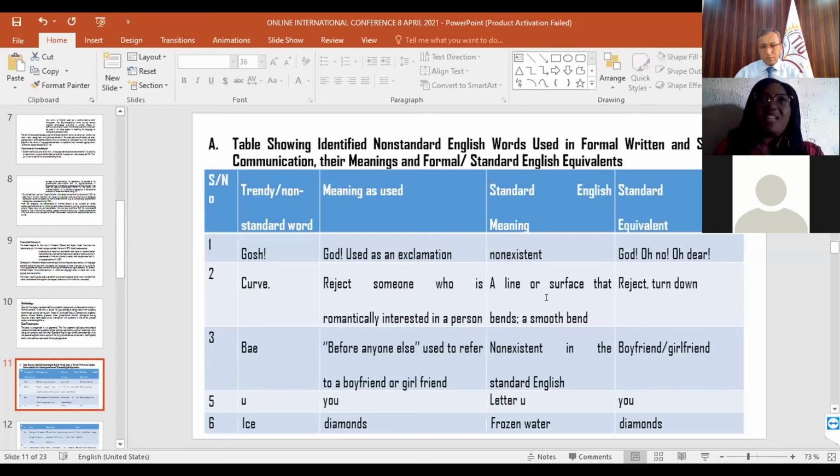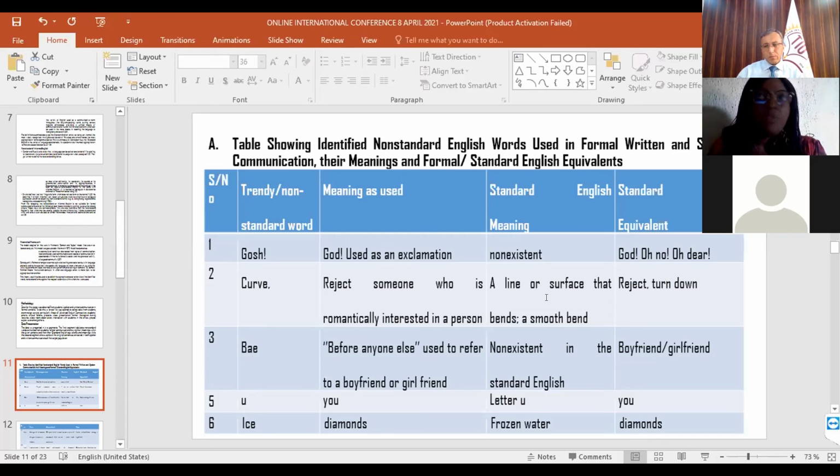But what is that student actually referring to? God. So we see gosh being used in place of God. Do we have anything like this in the standard English variety? Of course, no. What is the equivalent? God. It could also be an exclamation to stand for oh no, or oh dear, as the case may be.